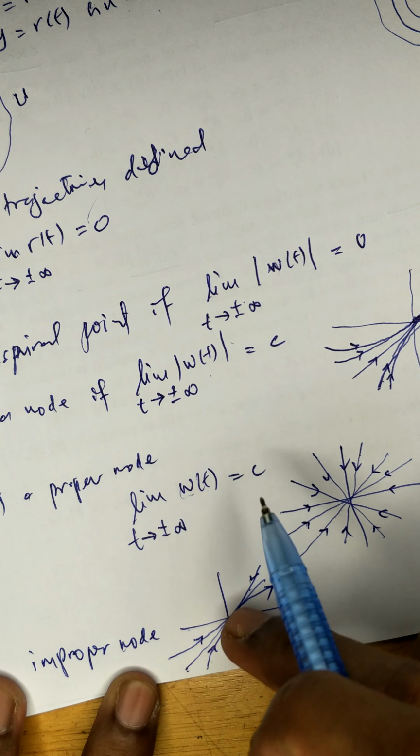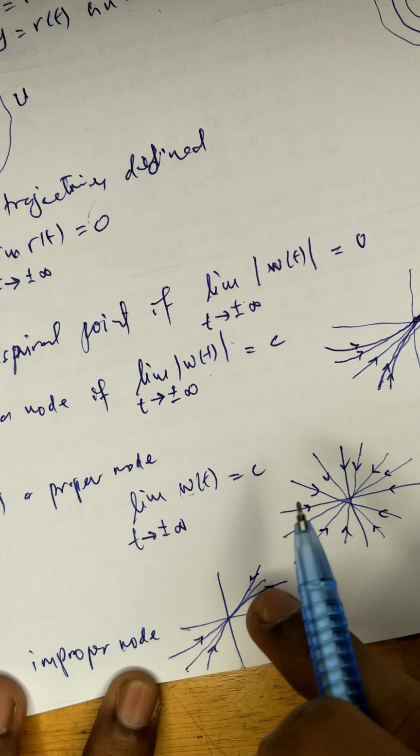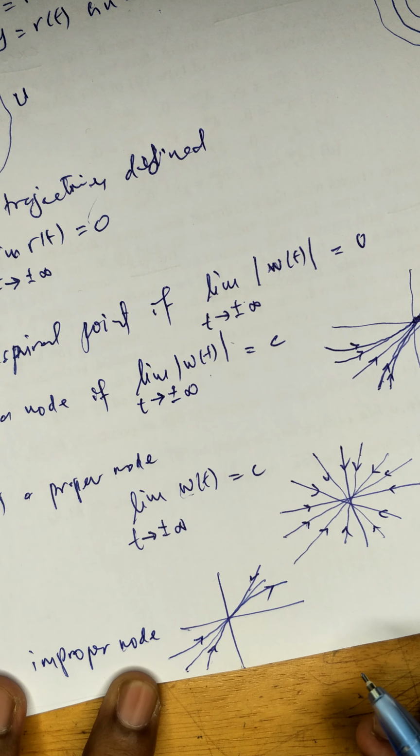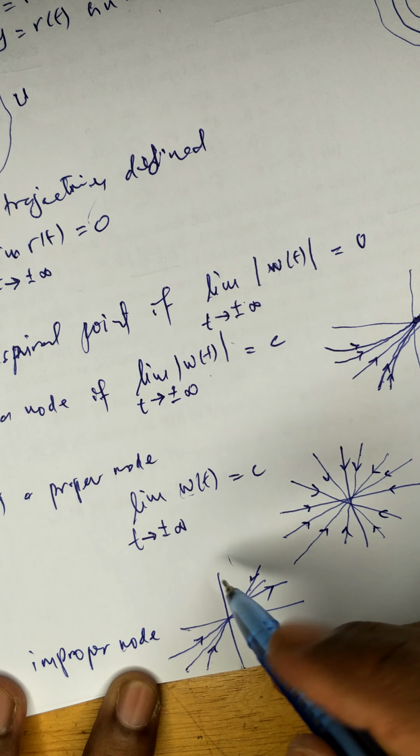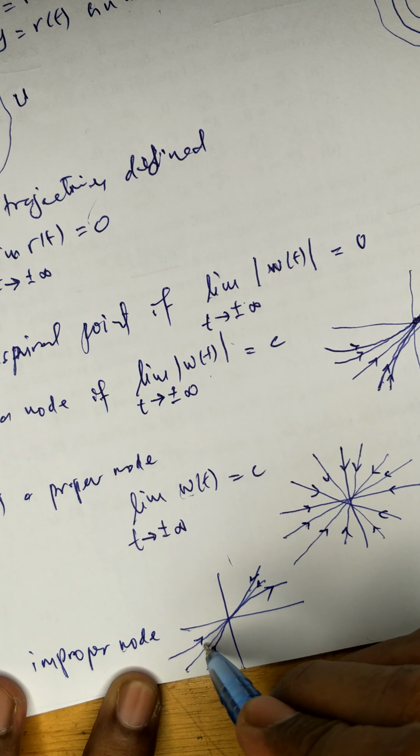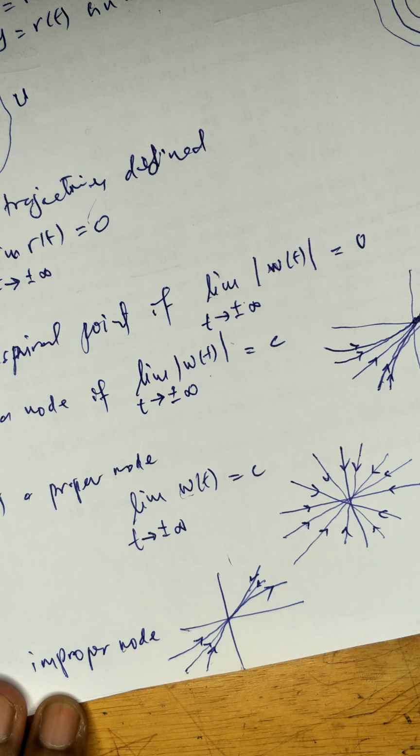The direction is toward the critical point for some, and others go away from the critical point. So in this case we call it an improper node. Okay, then we have the center and the saddle point.